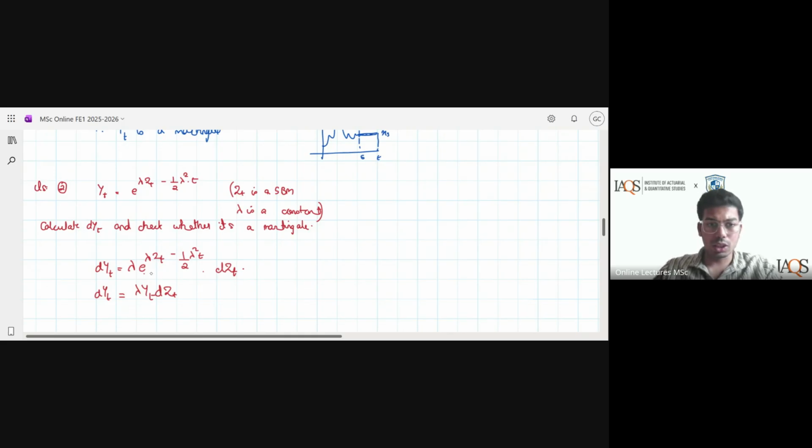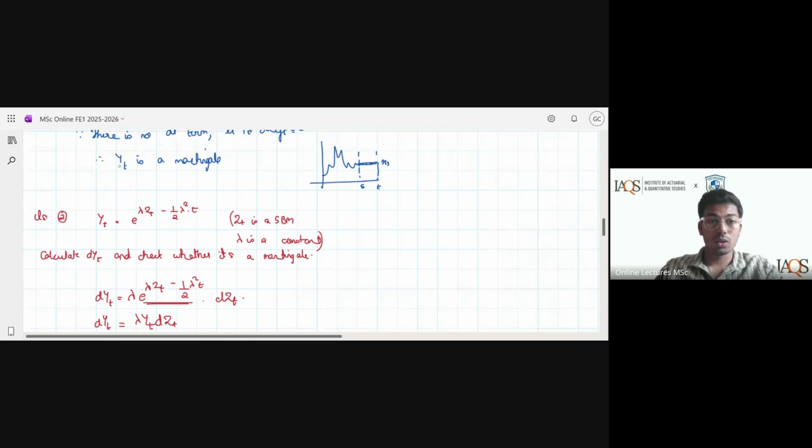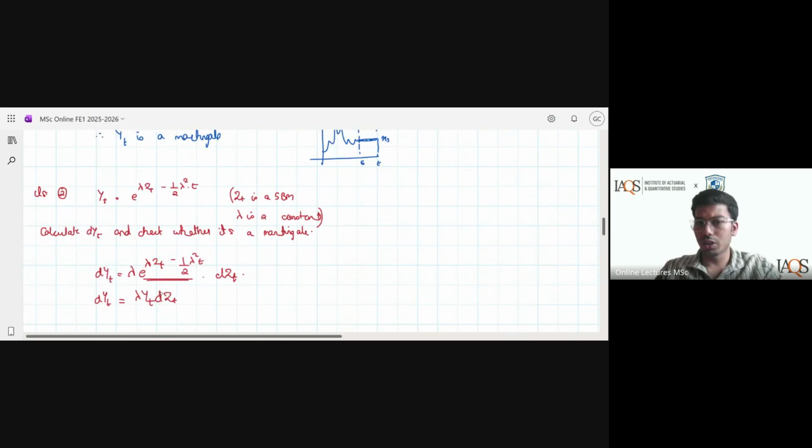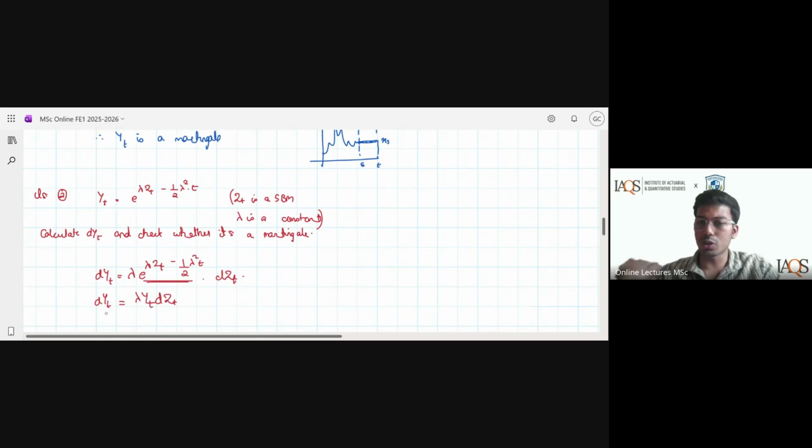I know this entire thing is what? Y_t. Thus, can I write this as lambda into Y_t into dZ_t? Now, there is no dt term even over here. Therefore, can I say this process is also a martingale?